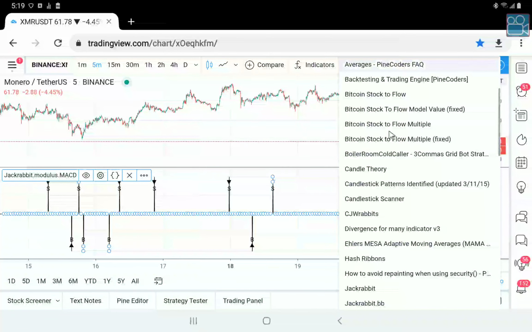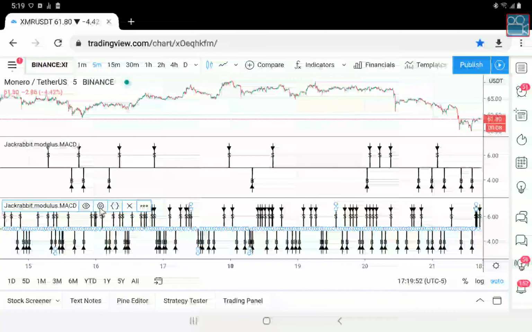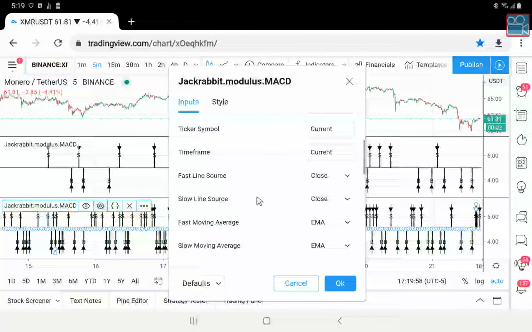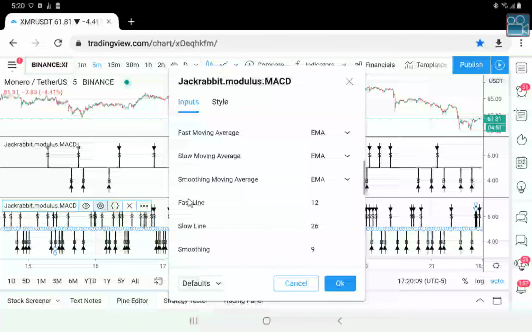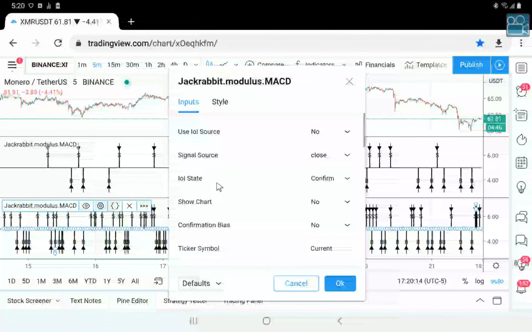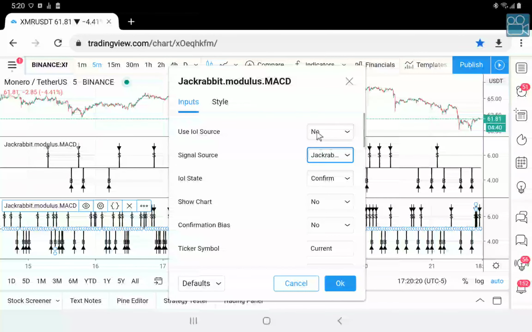I'm actually going to use MACD again. This time, I'm going to do a little bit different approach. I'm going to feed in the previous information. Right now, MACD is evaluating XMR.